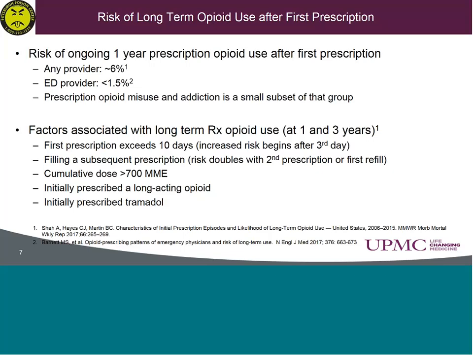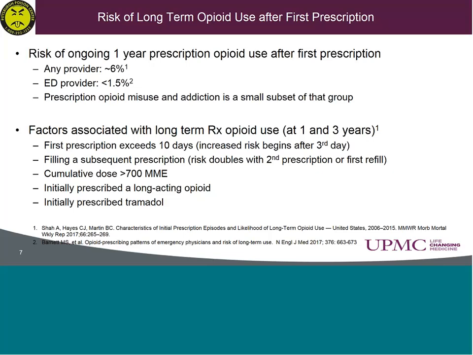One of the bigger jumps is, not surprisingly, filling a second prescription. So it's hard to have chronic opioid use unless you have ongoing use after the first prescription. Larger amounts prescribed, so that kind of goes to duration or potency. A long-acting opioid, which almost nobody initially prescribes anymore.